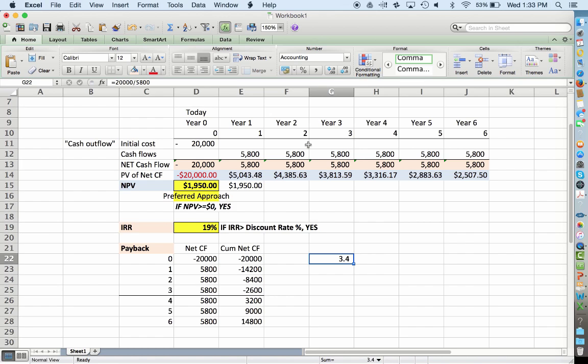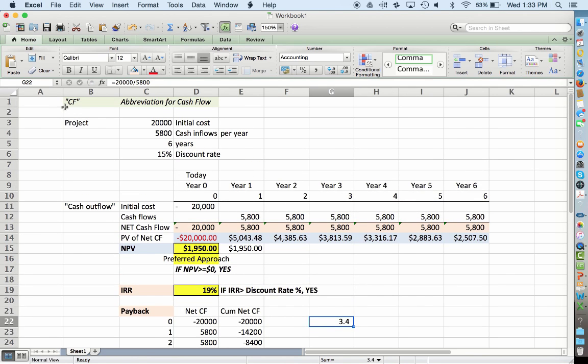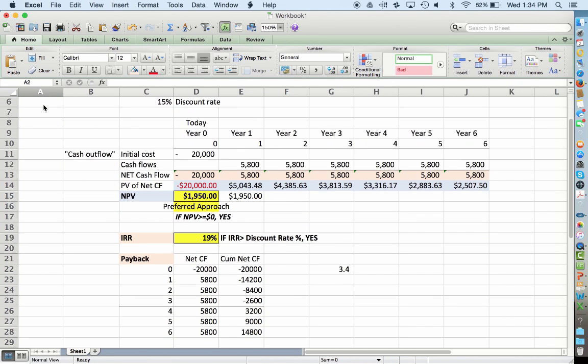And that's a very qualitative assessment that the organization is making. So this problem is a really good example of how to do the 3 different investment criteria analysis.